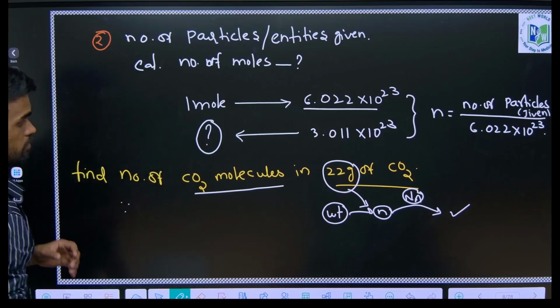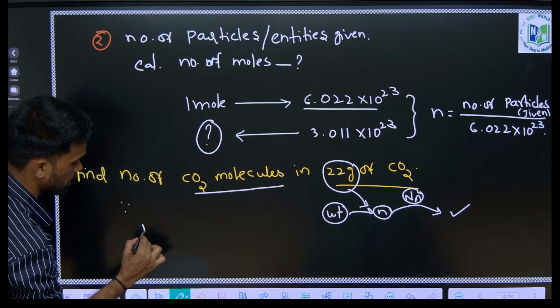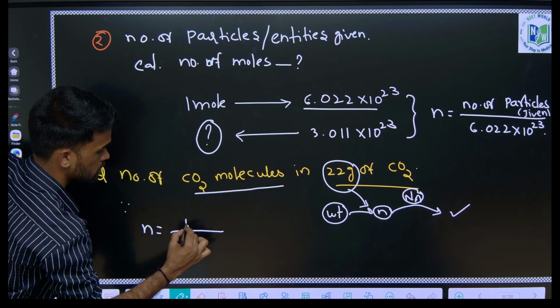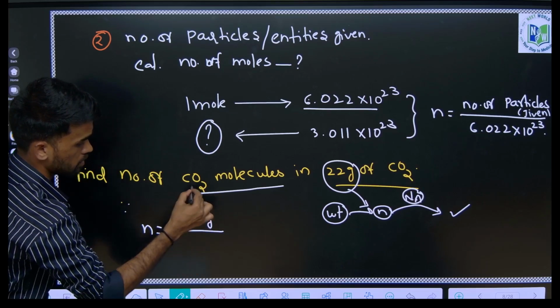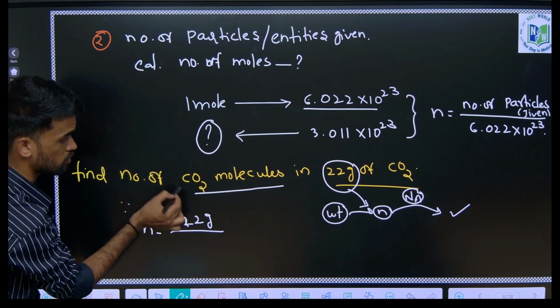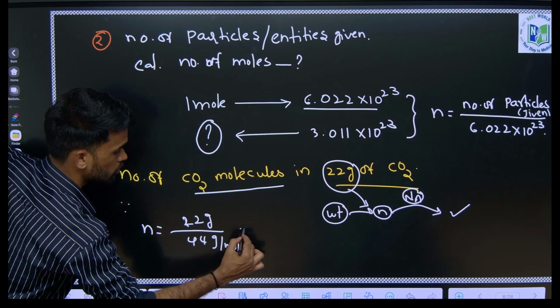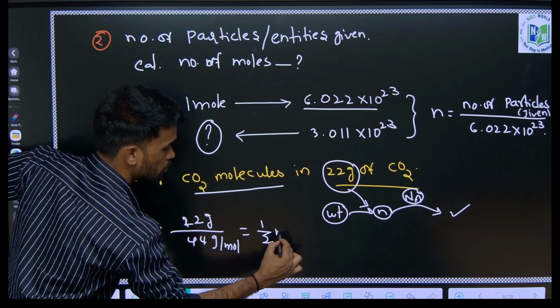So first find number of moles. Given weight is 22 grams, and molecular weight of CO2 is 44 gram per mole. Therefore we are getting half mole.